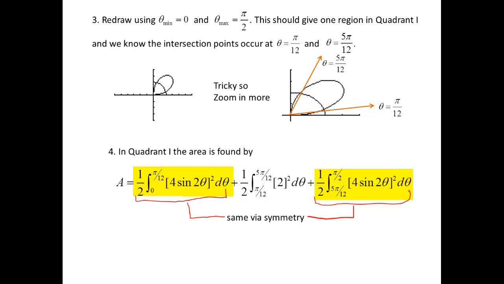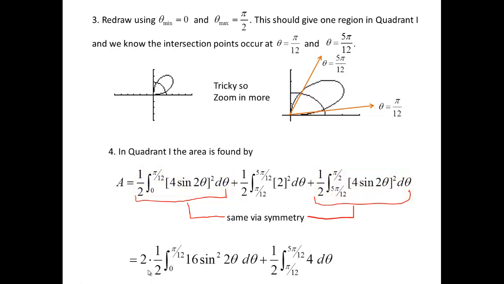And I should be able to rewrite these 3 integrals as simply 2 times 1/2 the integral from 0 to pi over 12 of 16 sine squared 2 theta. In other words, 4 sine 2 theta quantity squared gives us the 16 sine squared 2 theta. If I multiply it by 2, that's going to find this area here, that little sliver, and that little sliver there. And then 2 squared is 4. Again, that's going to be a really easy integration problem.